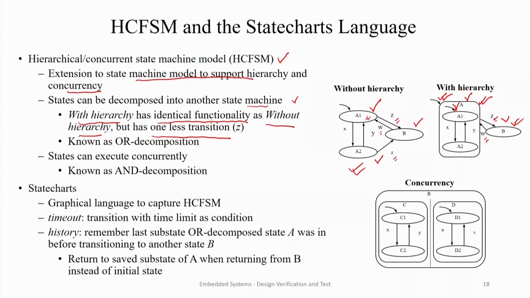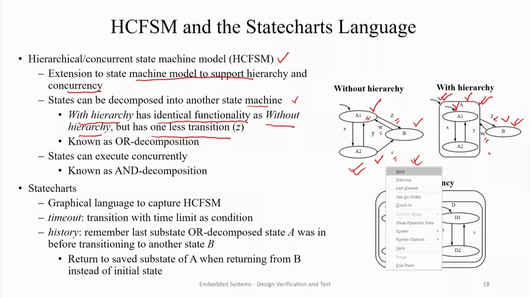So, corresponding to this design with hierarchy, it has the same functionality as without hierarchy, but it has one less transition for Z. So, here you had two transitions from A1 and A2 to B, now it has a single transition from the entire state A.